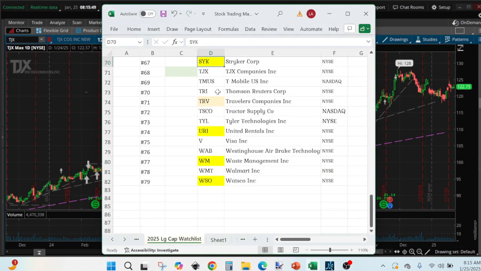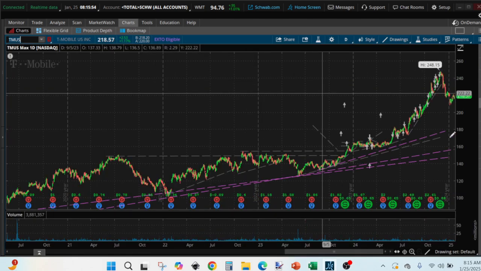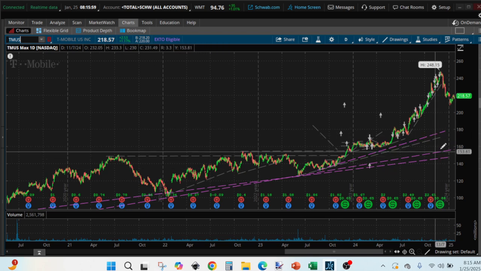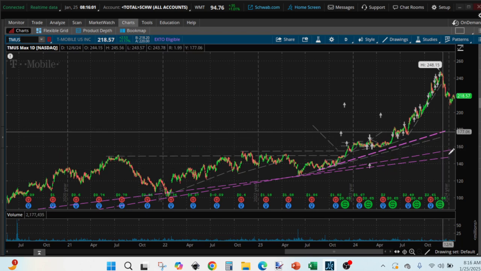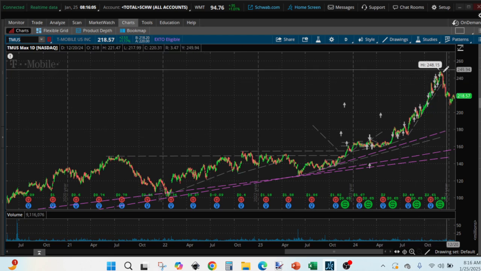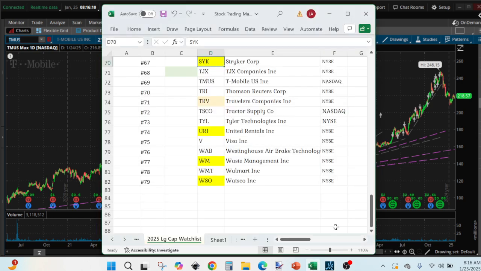The next one is TMUS. For TMUS, we have three trend lines that we like to buy at, either one of those three. The one we colored in purple went up and is pulling back, but it has not reached any one of those trend lines yet. Yesterday the price went up.